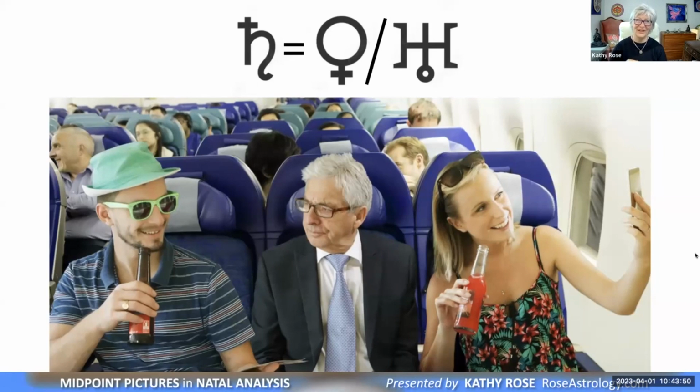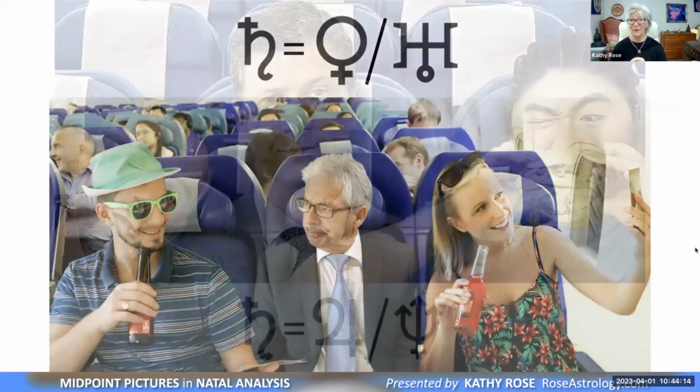The man on the left, I think, is Uranus. At least that's a possibility, right? Lime green hat, lime green sunglasses, big smile. He's showing his uniqueness and individuality. The woman on the right with her cell phone, it's like she's taking a selfie. Maybe that's Venus. Saturn equals Venus, Uranus, depicted in picture form.